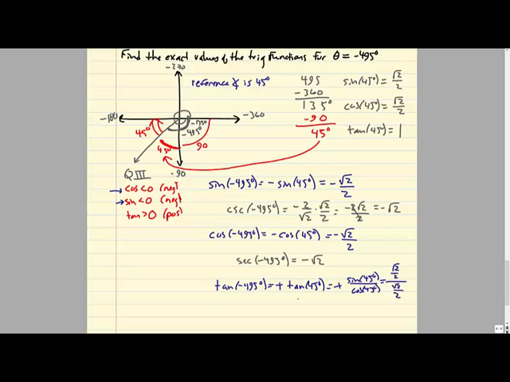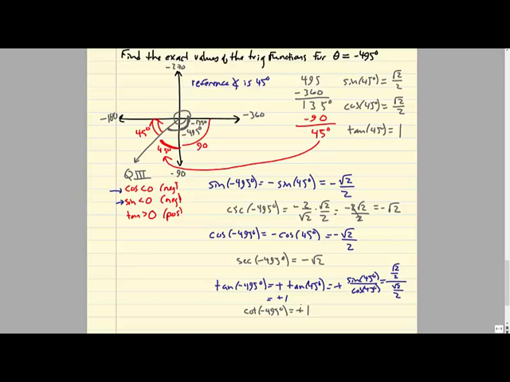When you divide by a fraction, you multiply by the reciprocal. So here I'm left with a positive 1 for tangent. And of course, cotangent would be the reciprocal of that, and the reciprocal of 1 is 1. So the cotangent of negative 495 degrees is positive 1.